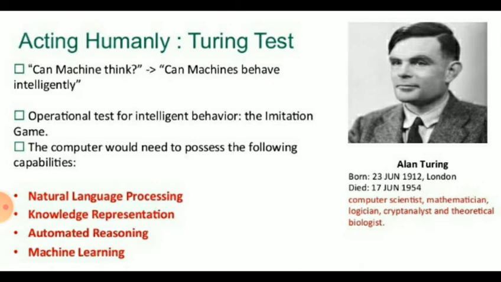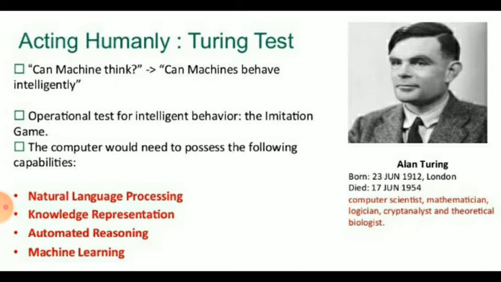To do this, the computer would need to possess the following capabilities. First is natural language processing, to enable it to communicate successfully in English. Second is knowledge representation, to store what it knows or hears. Third is automated reasoning, to make use of stored information to answer questions and to draw conclusions.